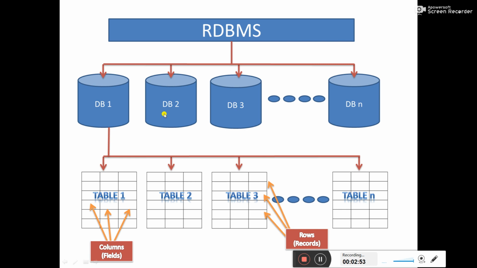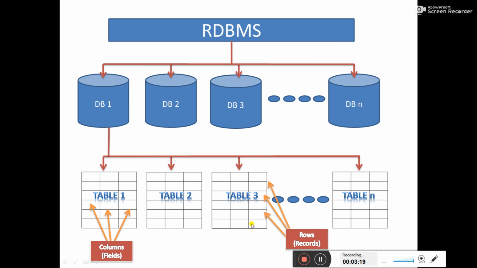Now, what are tables? Tables are the collection of rows and columns, right? Where columns mean fields and rows mean records. These vertical sections are called columns in a table, and these horizontal sections are called rows or records in a table. Got it? So this is the schema of RDBMS.